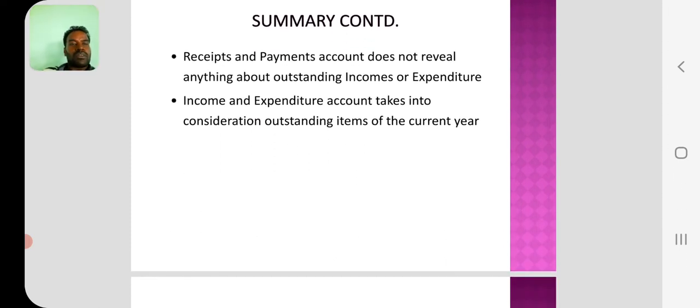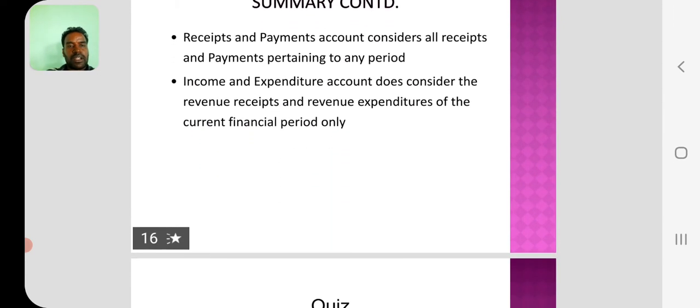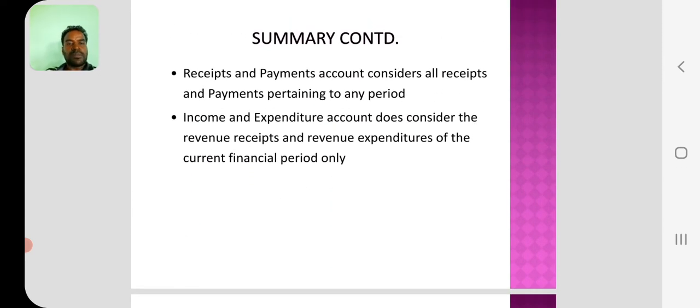Receipts and payments account does not reveal anything about outstanding incomes or expenditure. Income and expenditure account takes into consideration outstanding items of the current year. Receipts and payments account considers all receipts and payments pertaining to any period. Income and expenditure account considers the revenue receipts and revenue expenditure of the current financial period only.